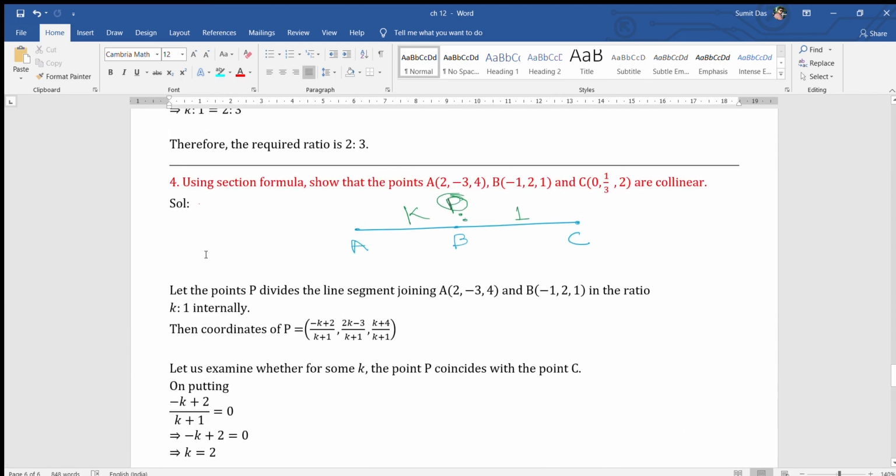So that's the question. This is an important question. What the question is saying: when we have to prove whether points are collinear or not, we take P as the point which divides AB in some ratio.